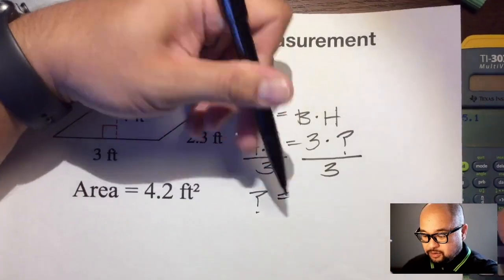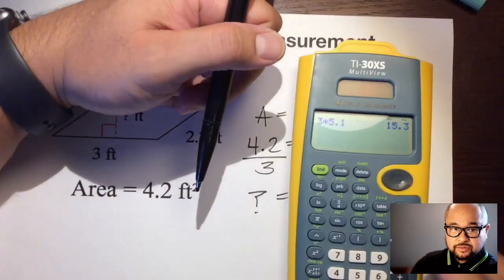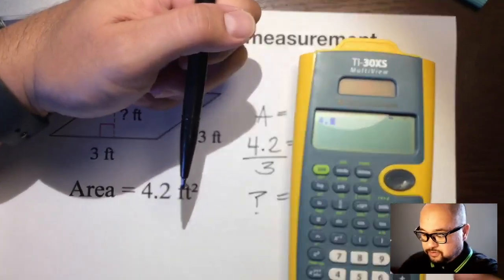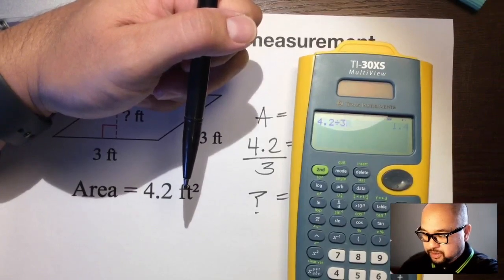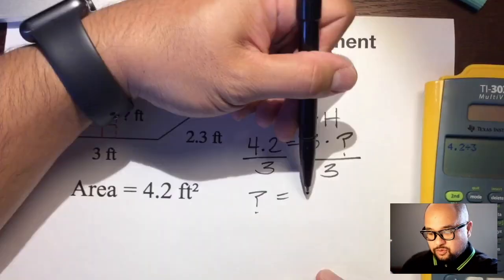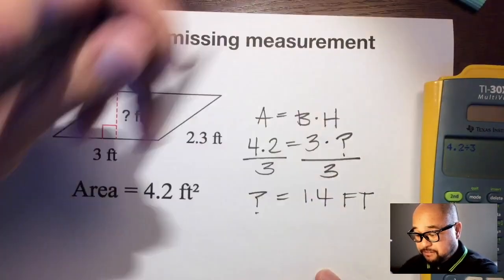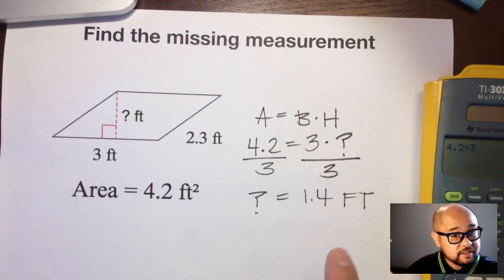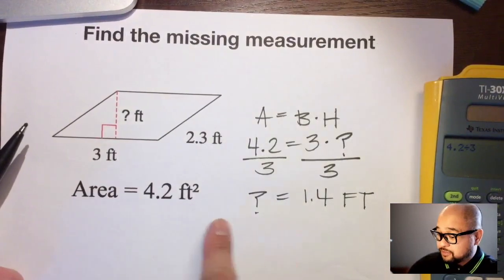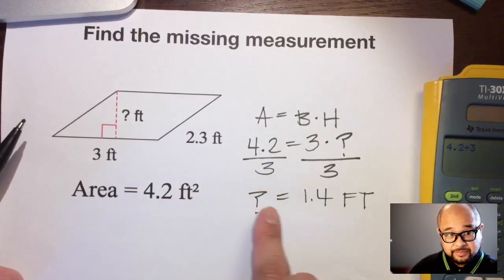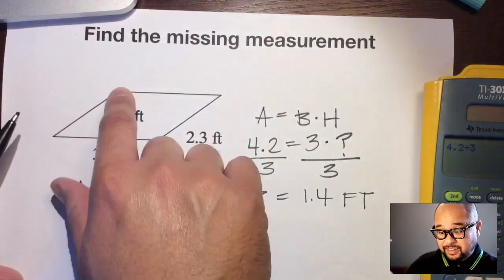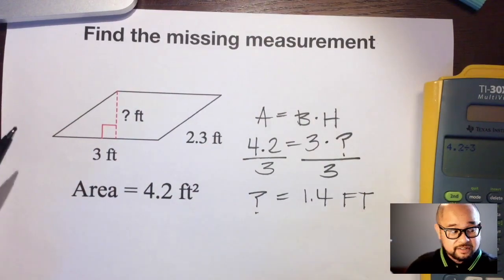And so our question mark is equal to, and let's take our calculators, 4.2 divided by 3 is 1.4. 1.4 feet. Just feet, not feet squared, because we weren't trying to find the area. This is the area. We're just trying to find a length. So it's just feet.